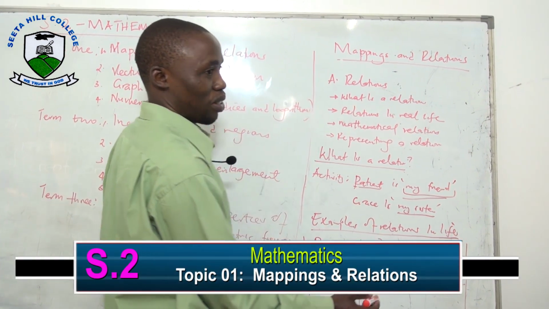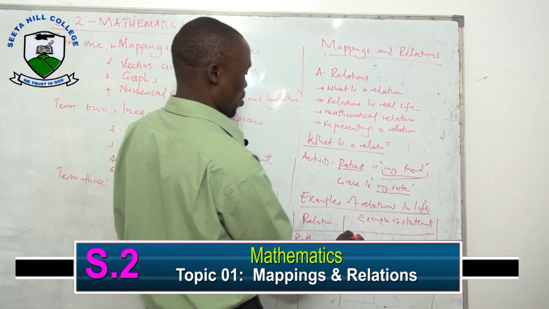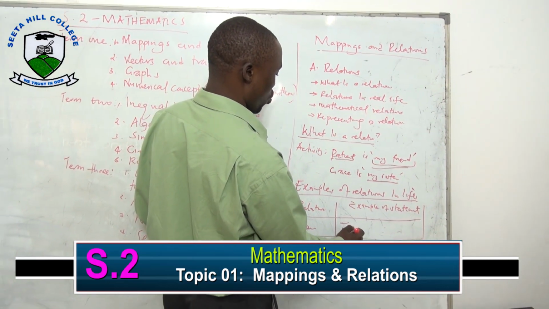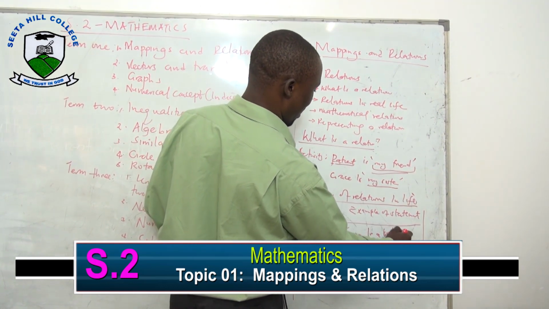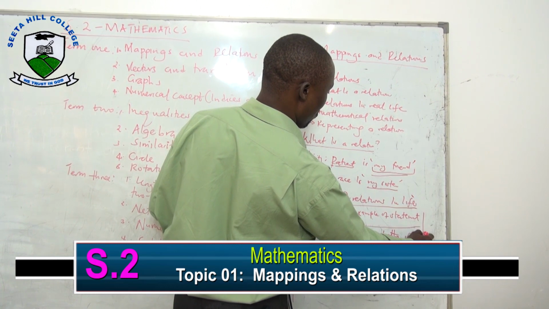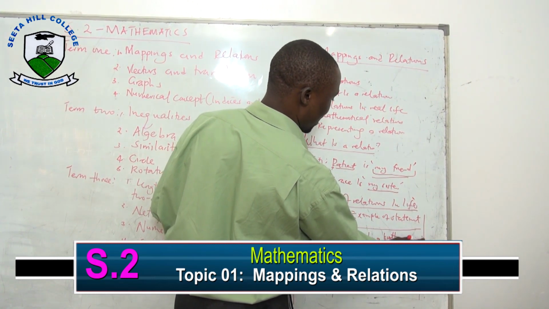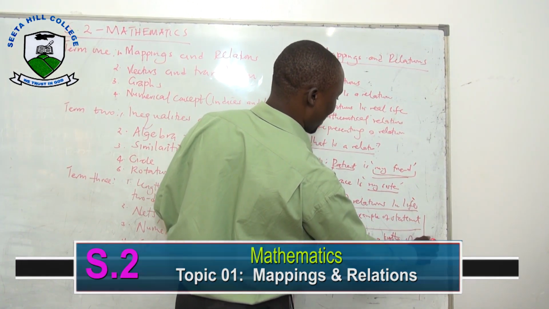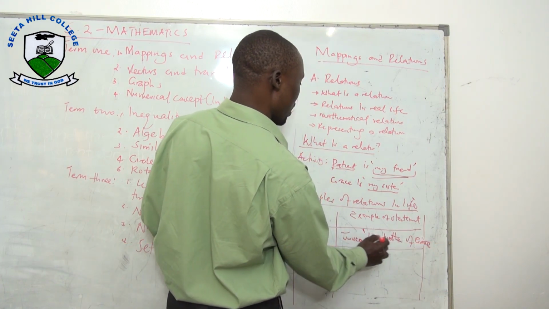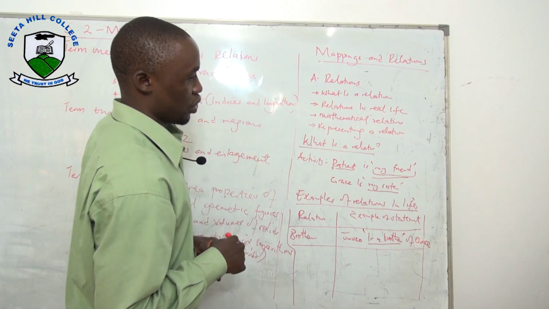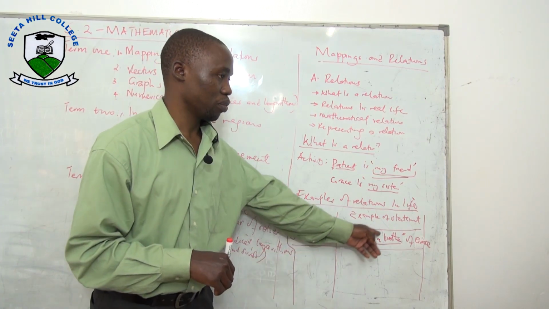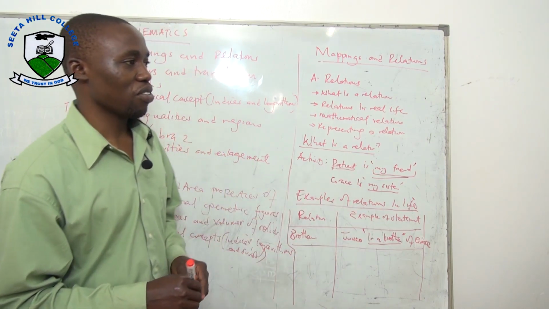Juko is a brother of who? Patience. Now is a brother of Grace. Yes. Okay. Now this word "is a brother" is what we are calling a what? A relation. Are we together? Okay, continue. Give me more.